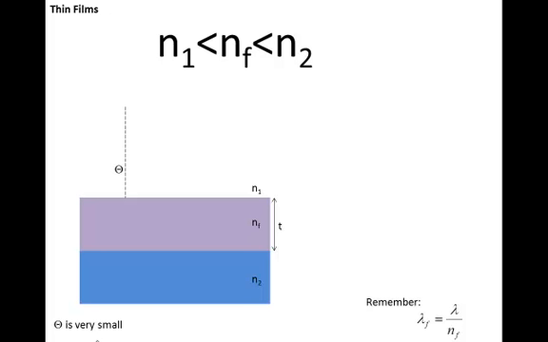Now, let's look at what happens when the index of refraction of N1, the N film, and N2 are set up so that N1 is less than the index of refraction of the film, and the film is less than the index of refraction of N2. So we get this ray of light that would have a certain wavelength. It reflects again out of phase.